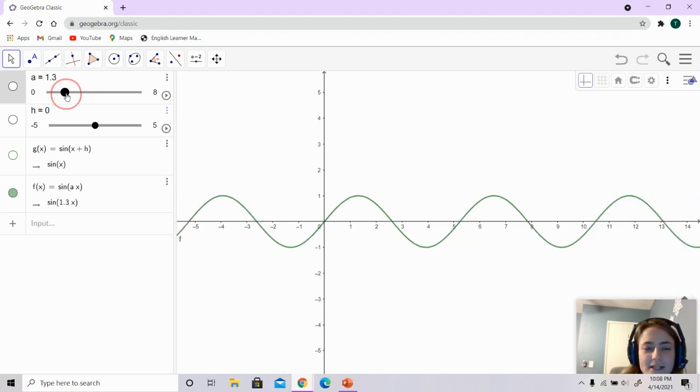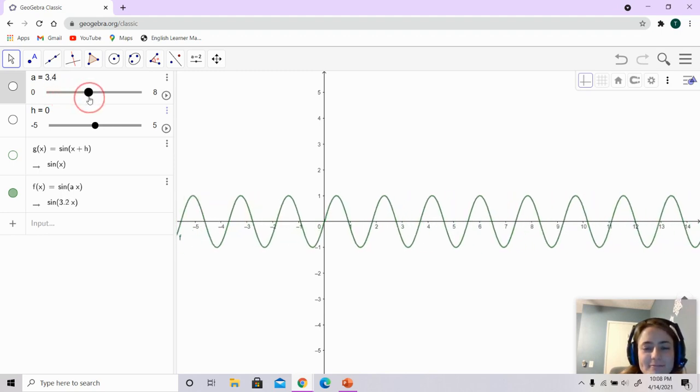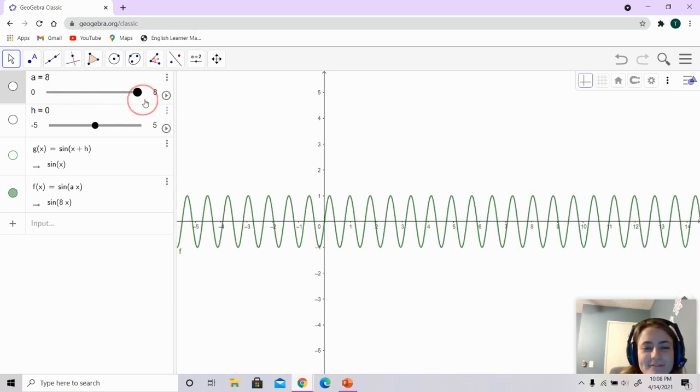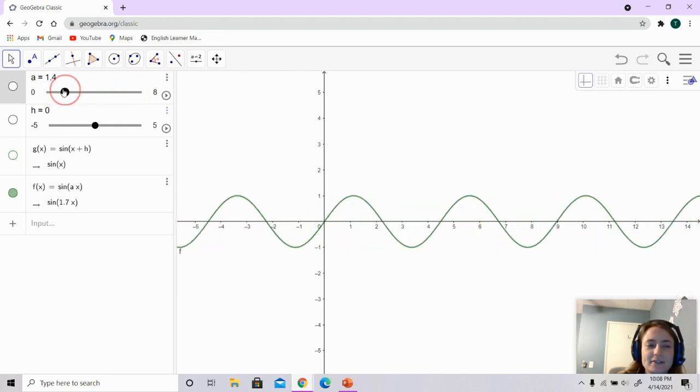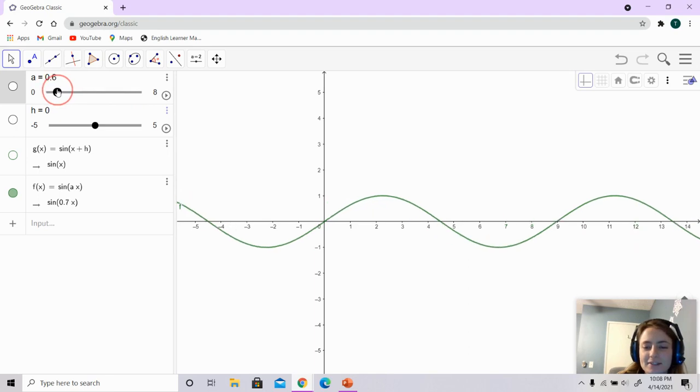If we increase a all the way to 8, it squishes the sine graph horizontally. So that would be a horizontal compression. Let's look at what happens when the constant is less than 1. So we're back to 1, less than 1.